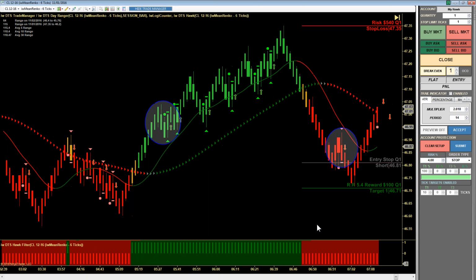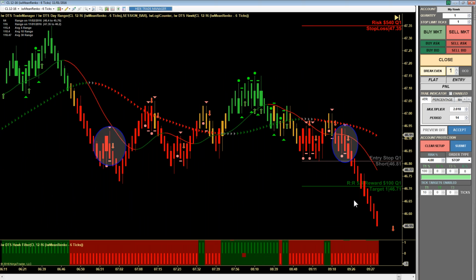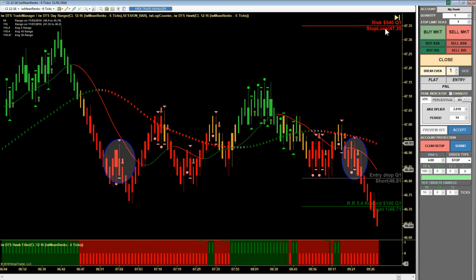Now, look at how much heat we take on this trade before it finally hits our profit objective. But the important thing is that you don't get stopped out. It's not a stop loss until it gets hit, right? Of course.